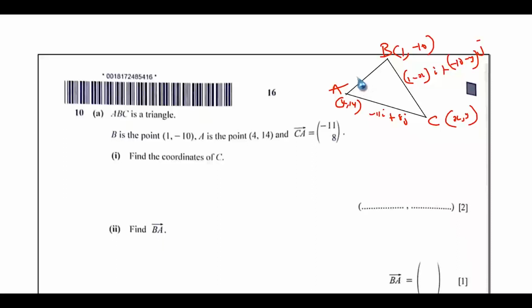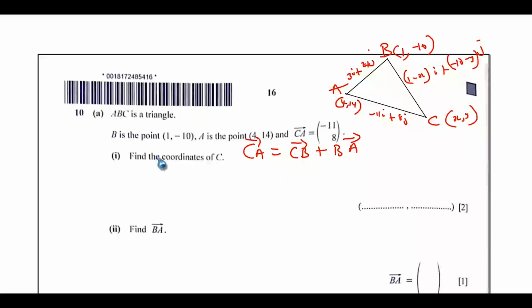Then for BA, it will be 3i, that is 4 minus 1, that will be 3i, plus 14 minus 10, that will be 24j. Okay, so we know that vector CA is equal to CB plus BA.